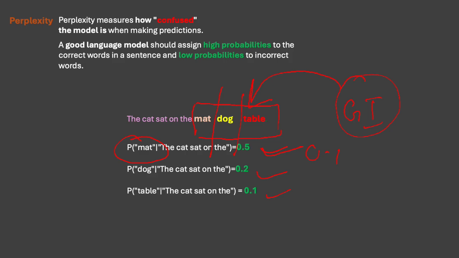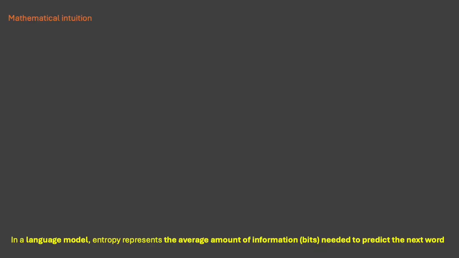And instead of table, let's suppose I have one more word, which is train or cup, and it says the probability of cup being there is 0.5. So if it assigns a wrong word more probability, that means perplexity increases, and more perplexity means it's not good.